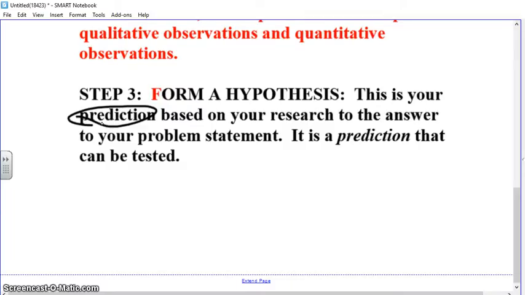So now you know that it's a good problem to create an experiment on, correct? Yes, I believe so.